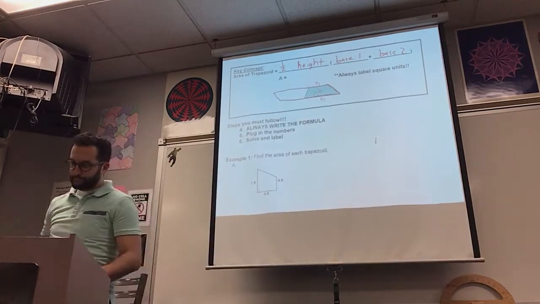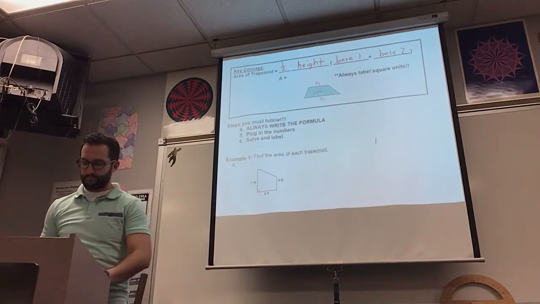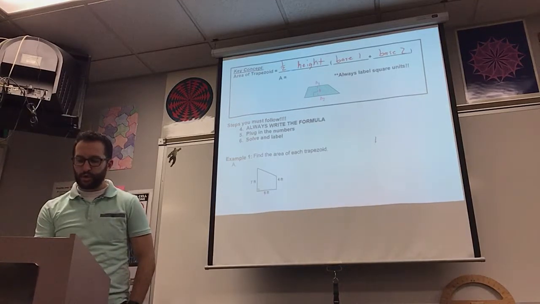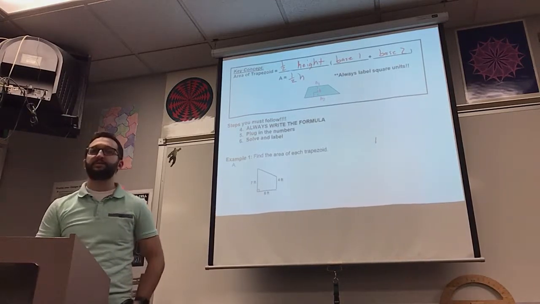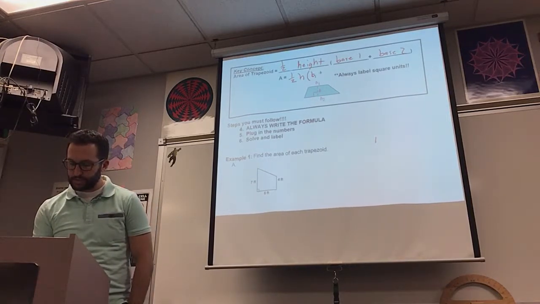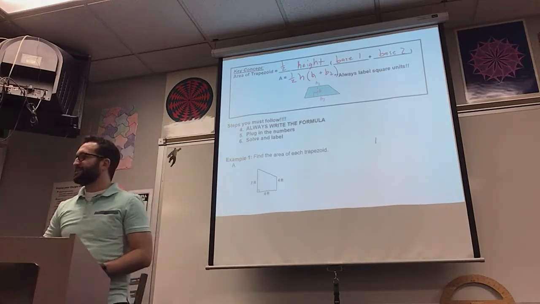Okay? So the formula, let me erase that part. The formula is going to be area equals 1/2 h, and then parentheses, we call this B1 plus B2. Here's the deal. Those are not exponents.